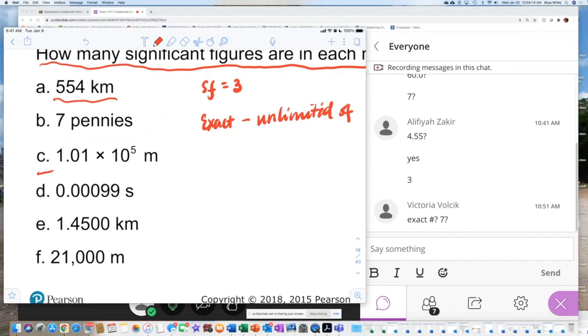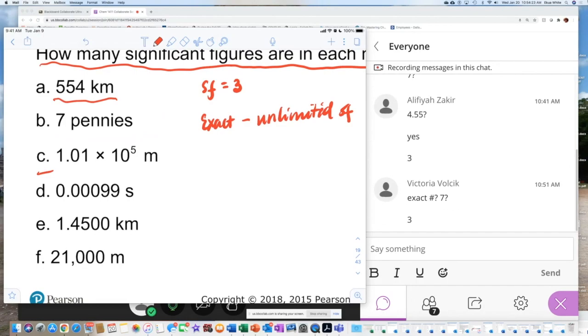Okay. What about C? What do y'all think? C is in scientific notation. We only look at this number here, not that, not that. 1, 2, 3. The 0 is sandwiched between, so we have 3 significant figures. Okay. And then time, we measure time.